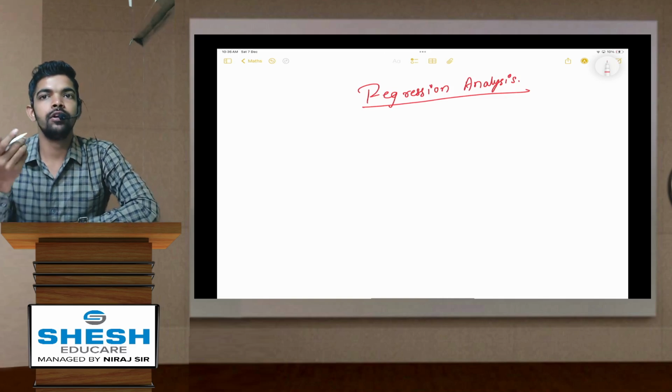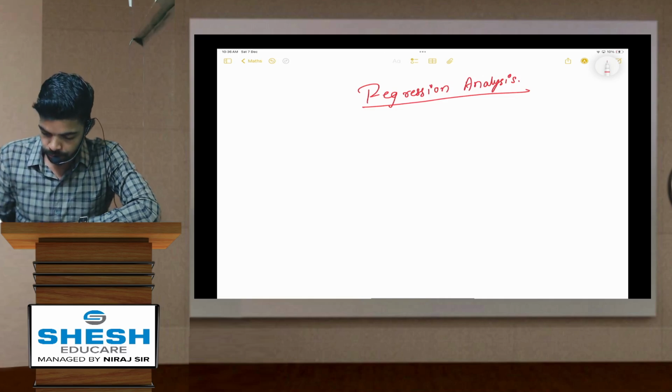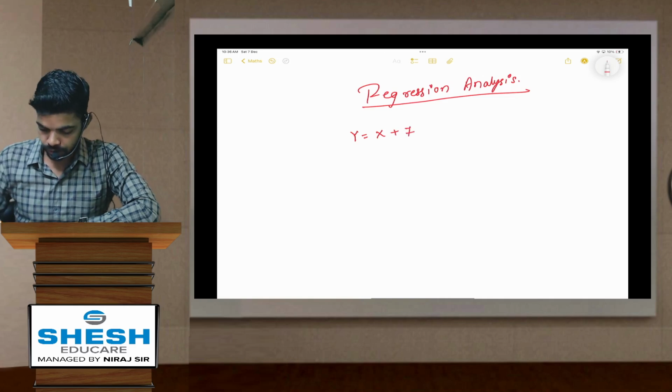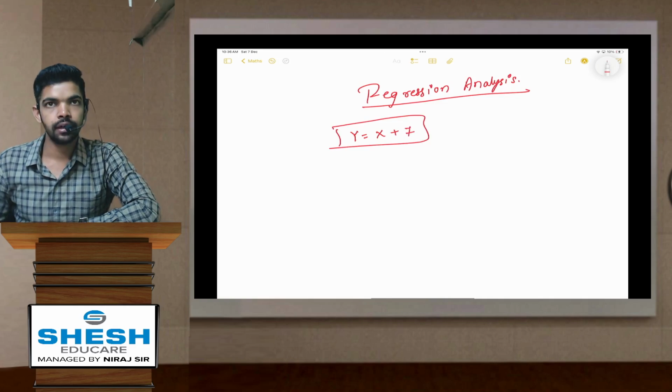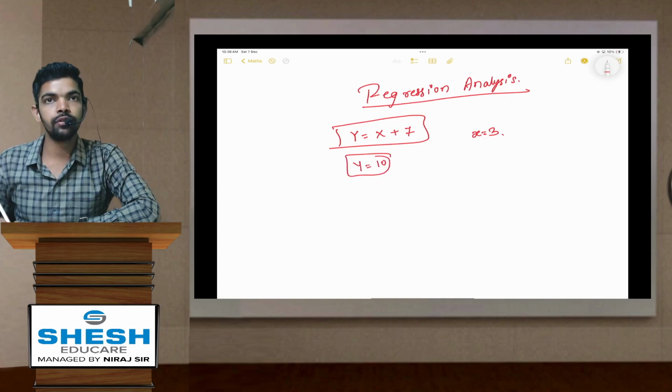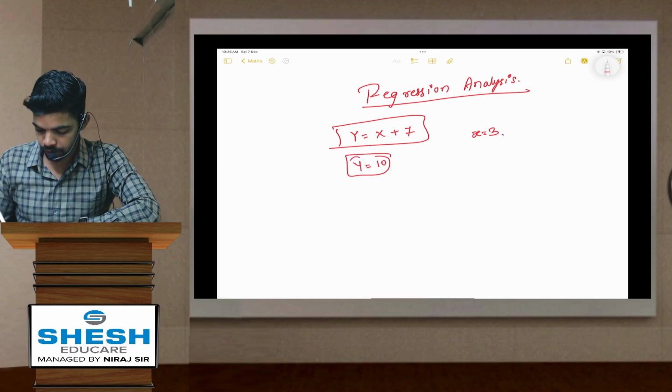We predict the value of one variable depending upon the other variable. Suppose y is equal to x plus 7, right? So this is the relation between x and y. Now if x is 3, what will be y? Y will be 10. So basically what we are doing, we are predicting the value of y based on the value of x.